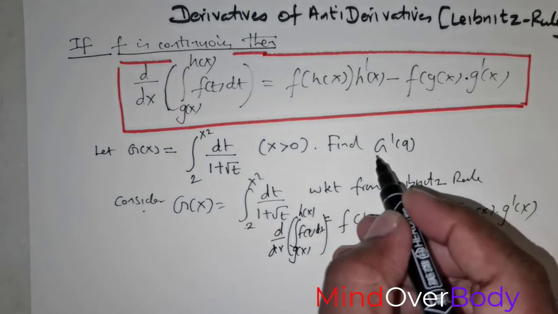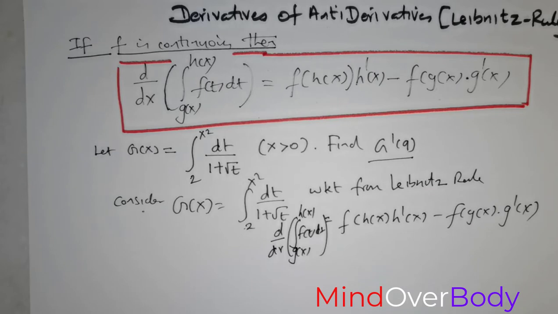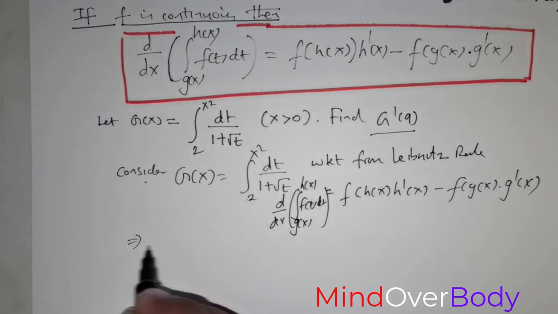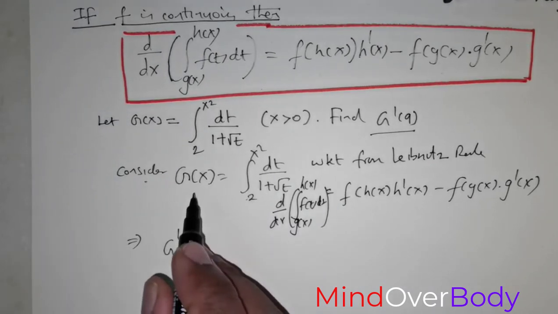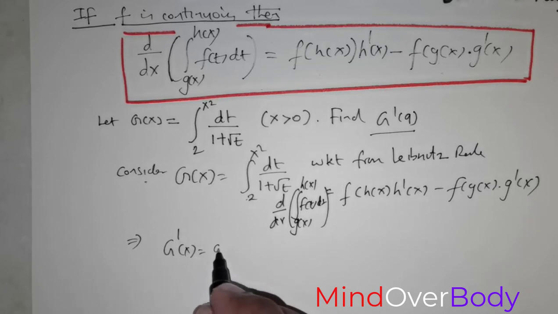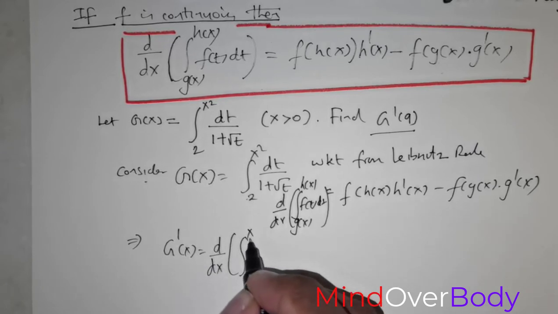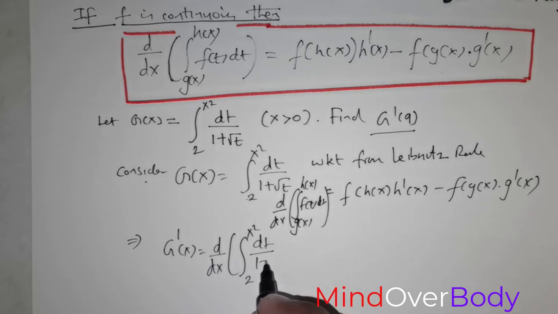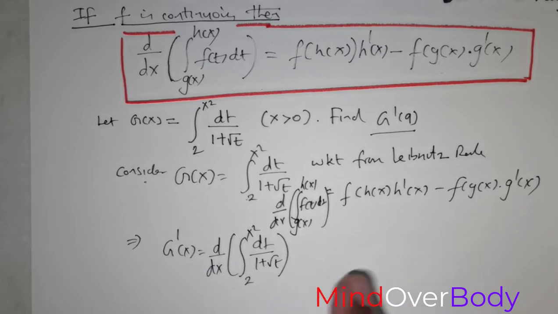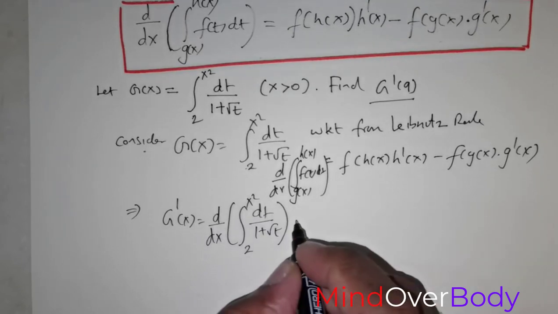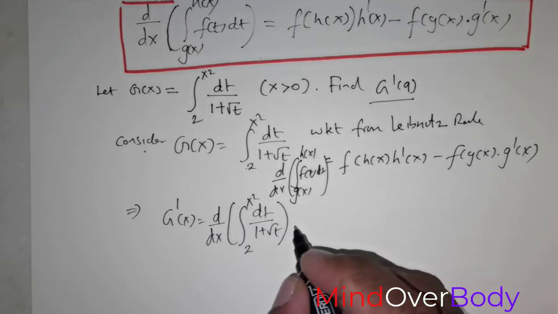Now we are asked to find g dash of 9. So this implies g dash of x is equal to d over dx of integral 2 to x squared dt over 1 plus root of t. This is what is expected to be sought after.